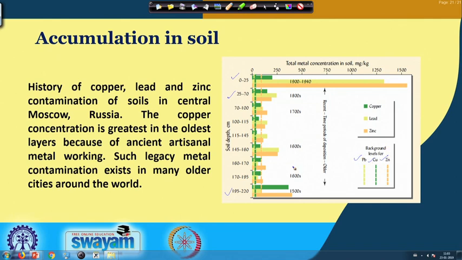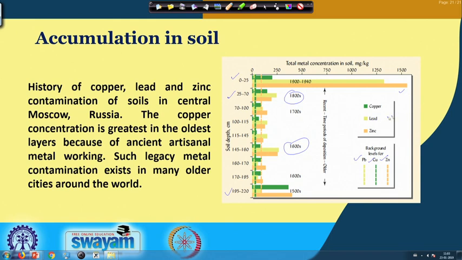As you can see, in 1500 obviously the zinc concentration was quite high, and it ultimately depleted in 1600, and so on in 1800. And then again we saw a major increase in zinc concentration due to industrial activities.